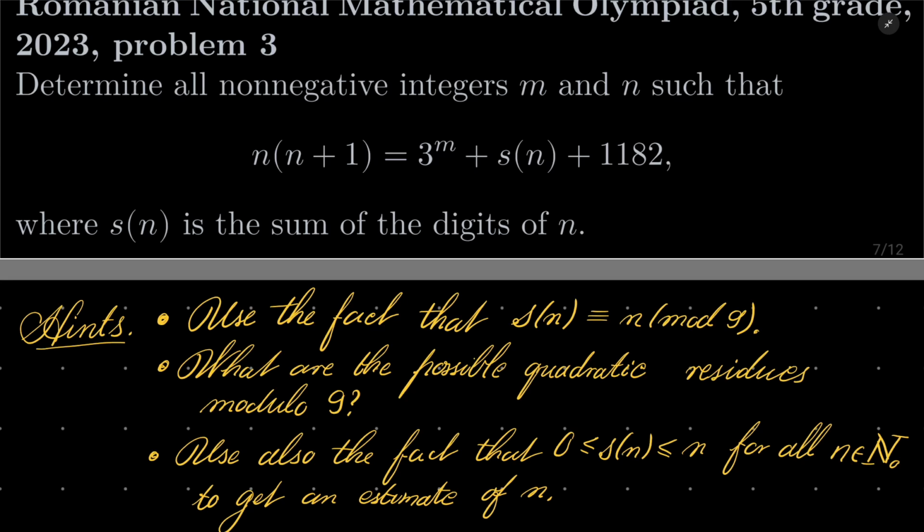Pretty easy to establish that. It may be useful along the way. And use the fact that the sum of digits of n is between 0 and n. It's greater than or equal to 0, and it's also less than or equal to n for every natural number n, to get some estimate of n. So give this problem a try, and I will see you in just a minute.